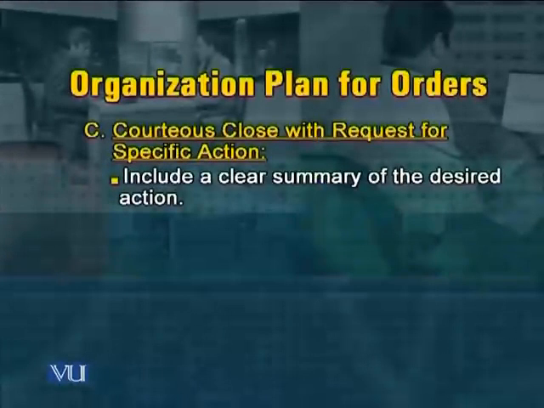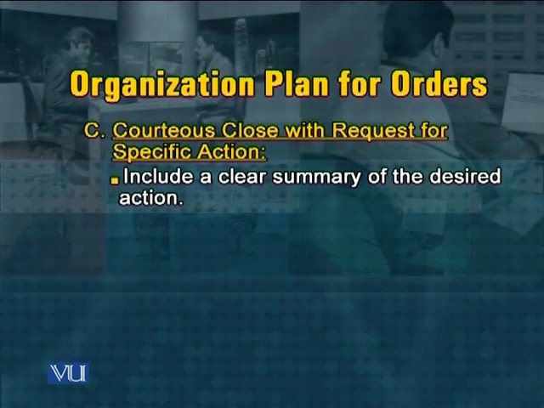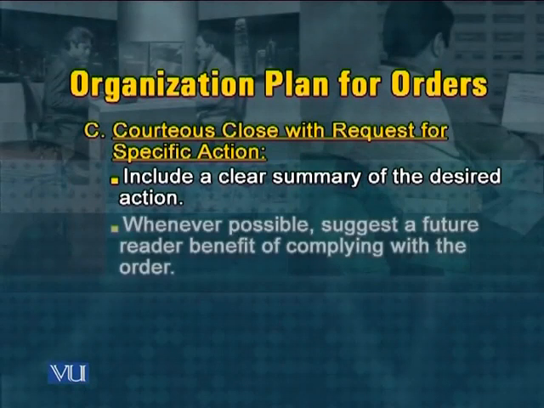Here we want something for ourselves, so be very careful. Include a clear summary of the desired action, which action you want. In this case, you want the goods to reach you at a certain time, at a certain place. So explain it. Whenever possible, suggest a future reader benefit of complying with the order.